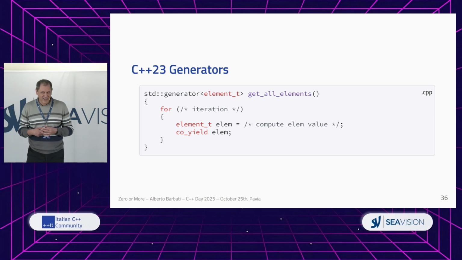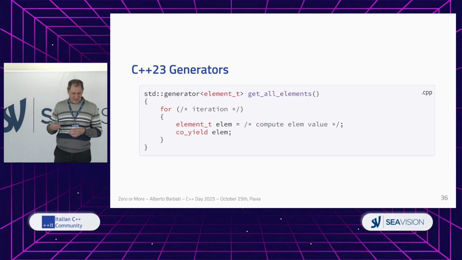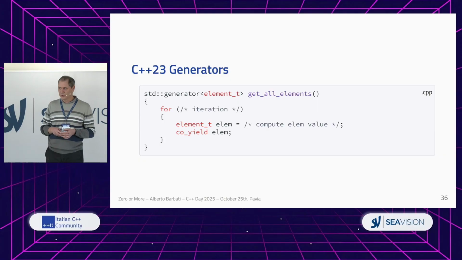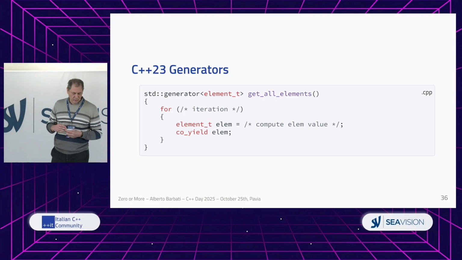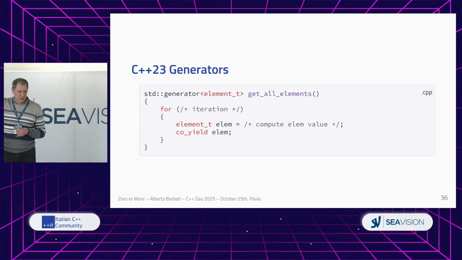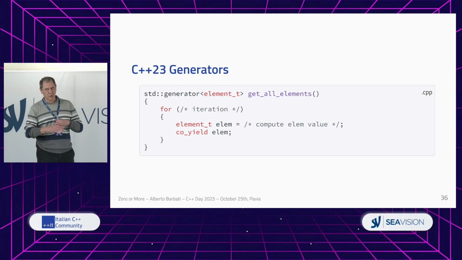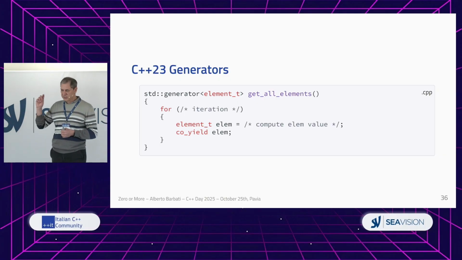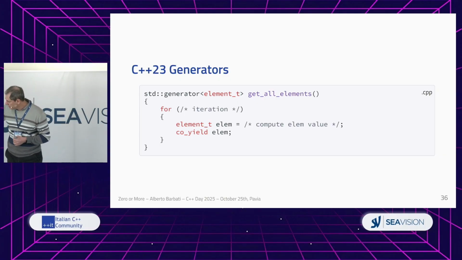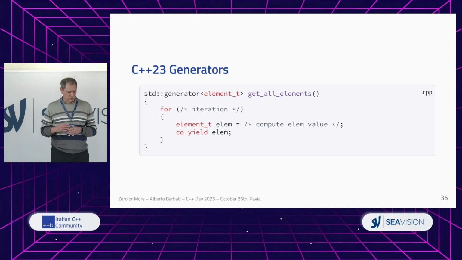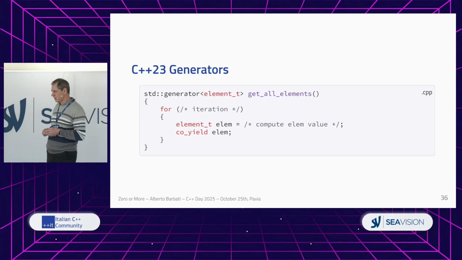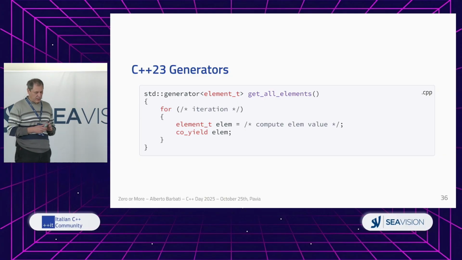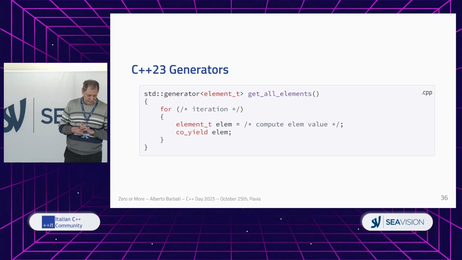Of course, there is a drawback I need to mention, because the generator needs a single dynamic allocation of the stack frame of this function. At least it's just one allocation, regardless of the number of elements, of a size enough to contain all the local variables of this function. So maybe it is a small amount of memory, but yet there is a dynamic allocation, and some of you working on embedded platforms may not like it.